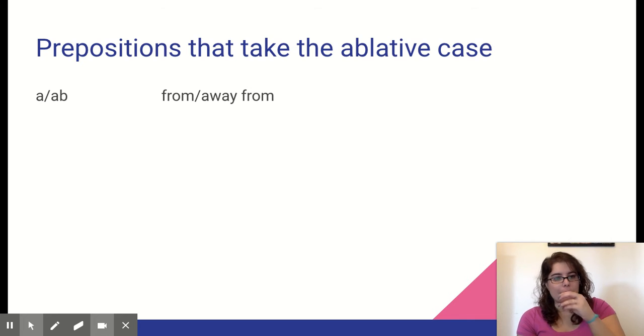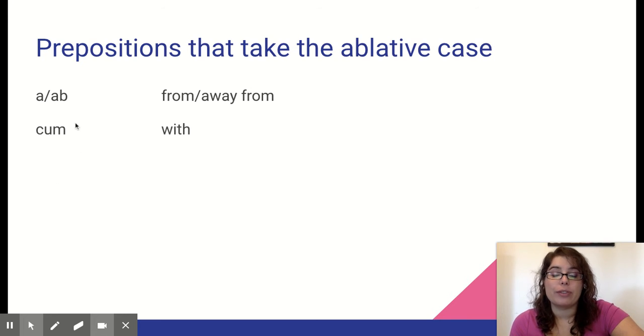Absum, it's ab, our preposition meaning away from, and then sum, the verb to be, right? I am away. So nice little kind of compound verb there. So a or ab means from or away from. And then we have cum. This one we started seeing more often. I think this was a vocab word in stage 6 or stage 7. So this one we've started seeing already. Cum means with. And again, this will take the ablative case.